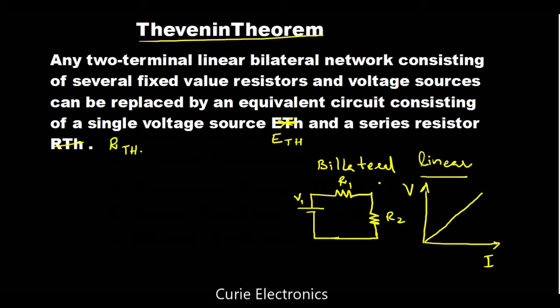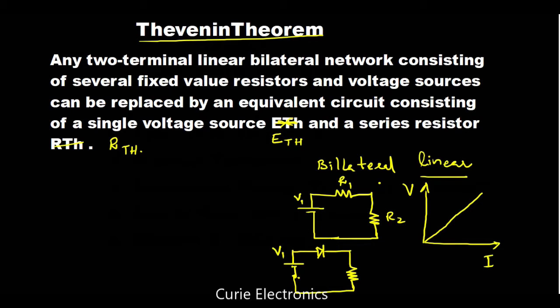And what about unilateral? If you see, we have a diode here instead of R1. When we change the polarity of this voltage source, now this is V1, the property of the circuit changes.